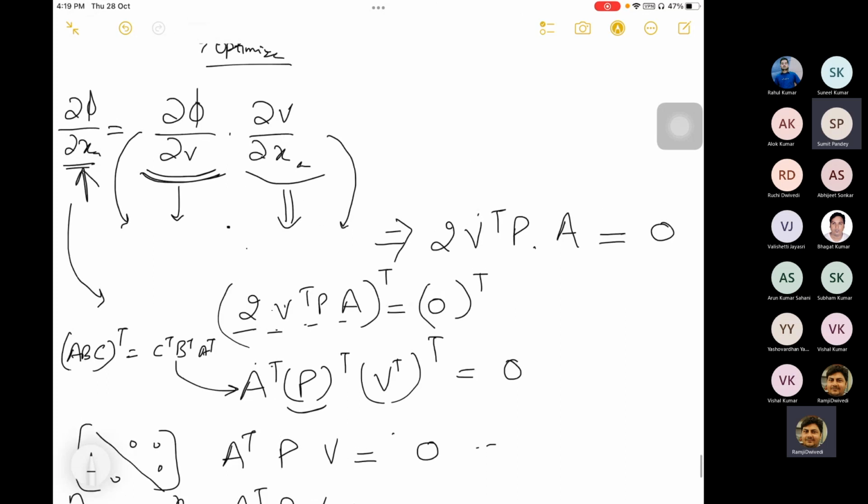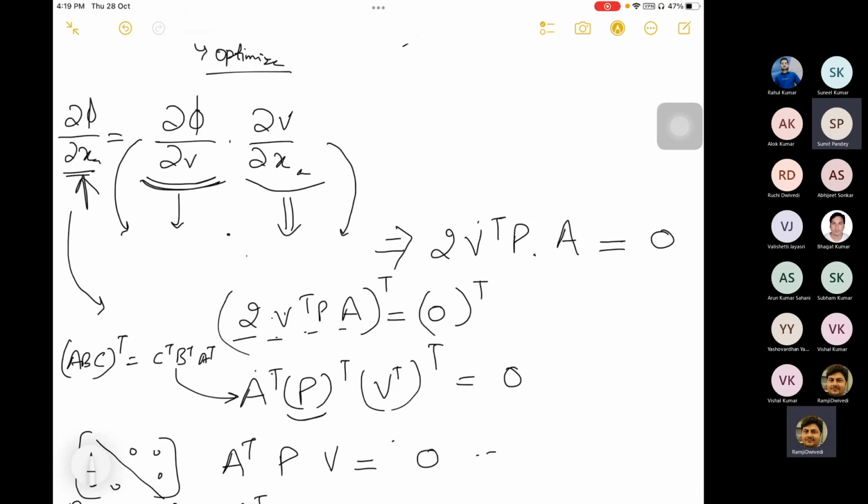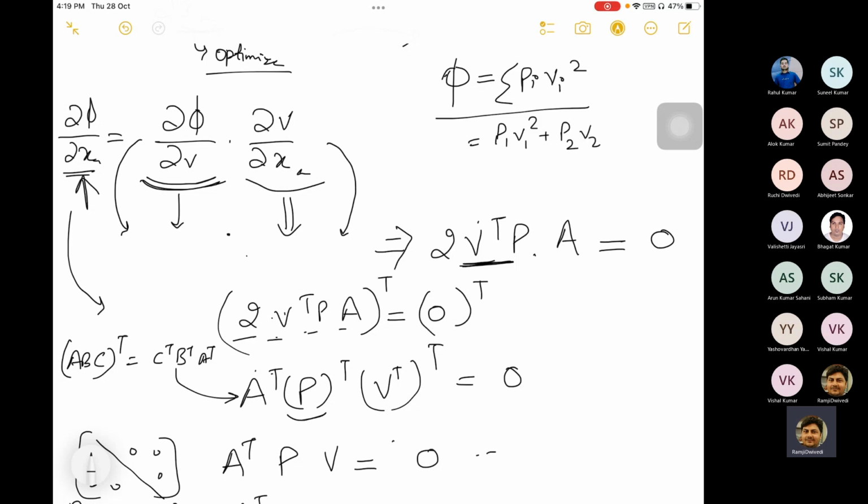This one, the 2 V transpose P, is just explaining if you know how your system is written, that phi as a function is written as the summation of pi vi square, which is nothing but p1 v1 square plus p2 v2 square plus p3 v3 square and so on.